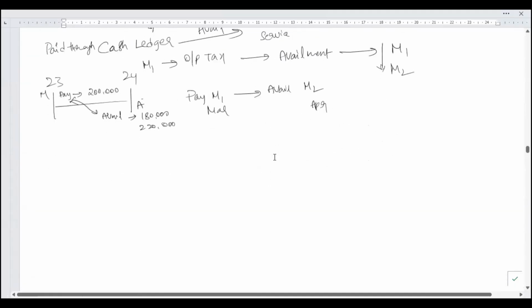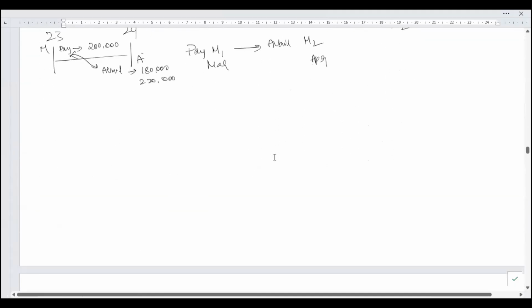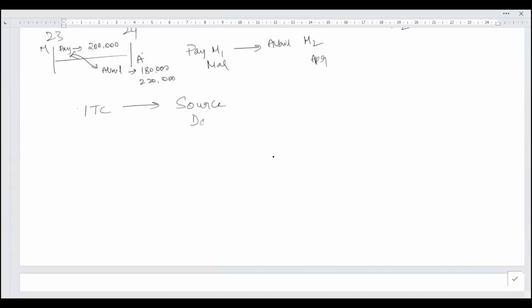The government wanted to understand your ITC, your input tax, and your source data. They have made this into 5 divisions: 1, 2, 3, 4, and 5.